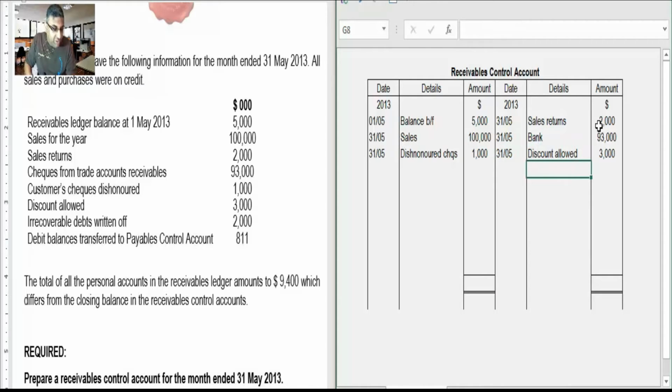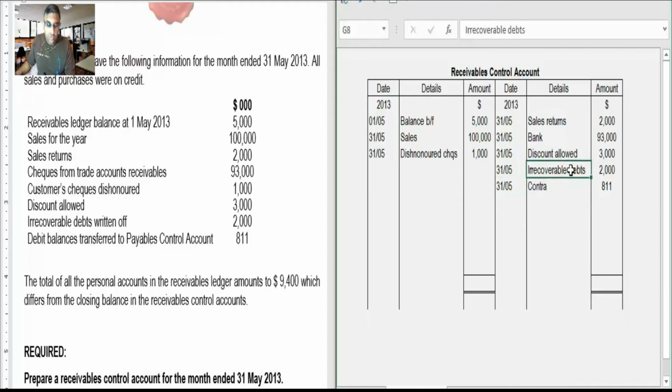Irrecoverable debts written off of $2,000 are credited to the control account dated the 31st of May, and these are irrecoverable debts written off. And finally, debit balances transferred to payables control account of $811. These represent contra entry of $811 on the credit side of the control account dated the 31st of May 2013.